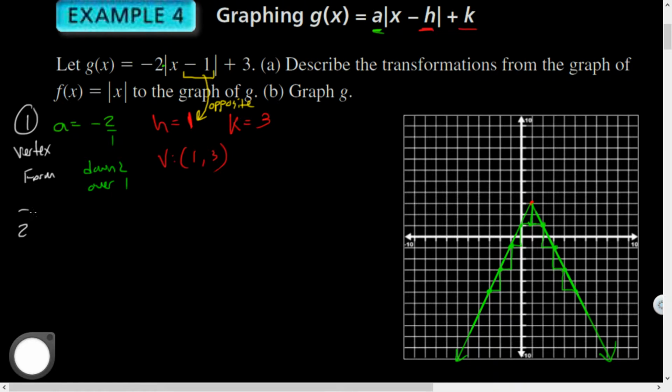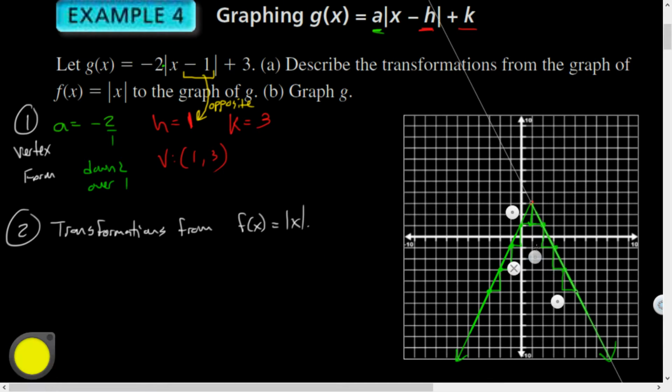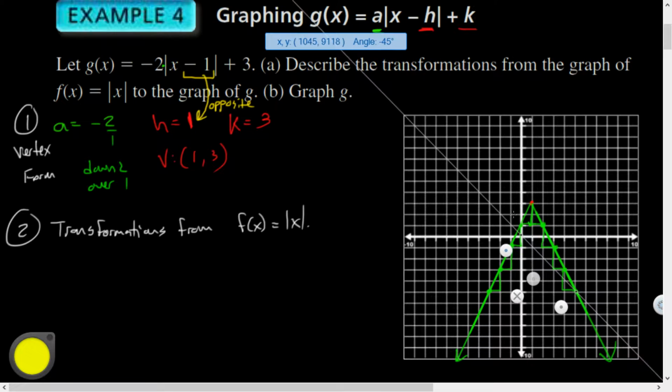All right, here's a second way of thinking about this in terms of transformations from f of x equals abs x. Let's see if we end up with the same graph if I think about it in terms of transformations.